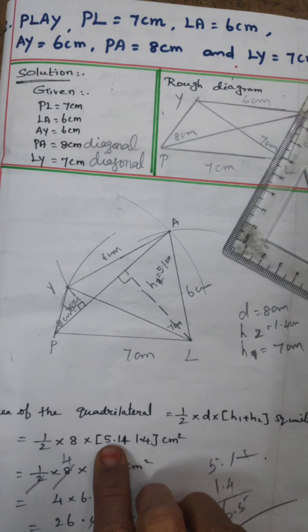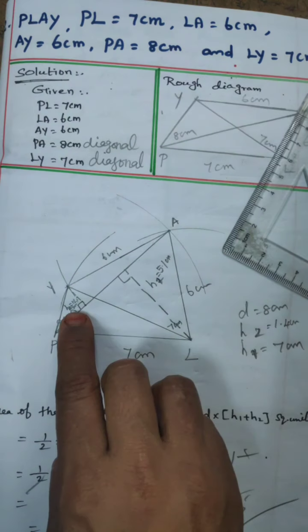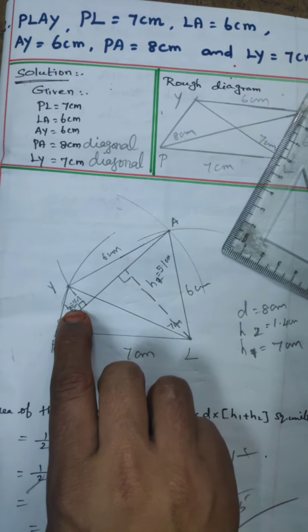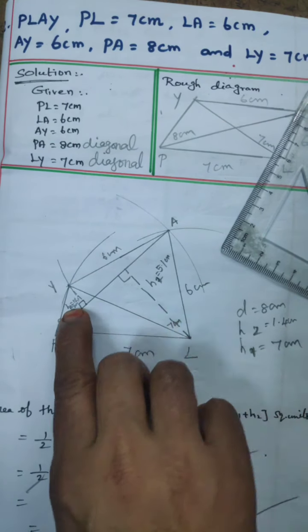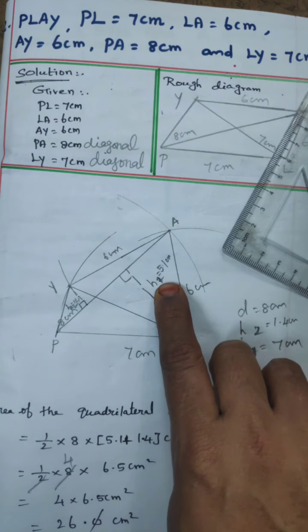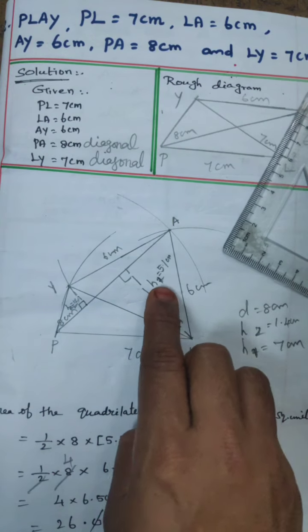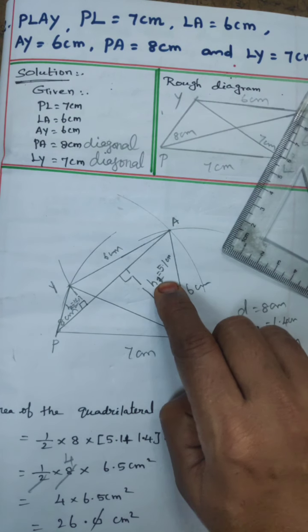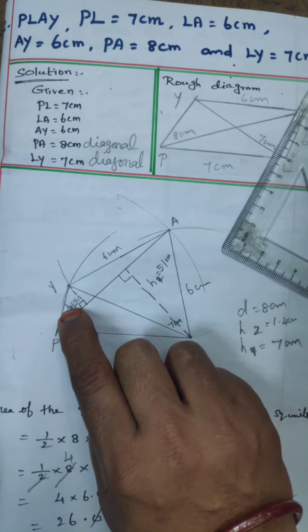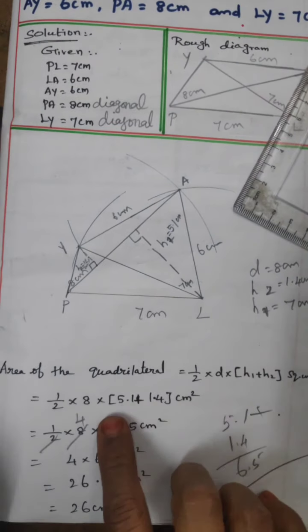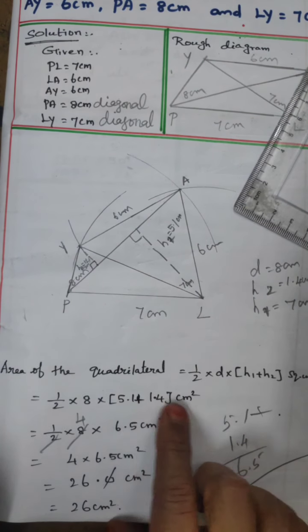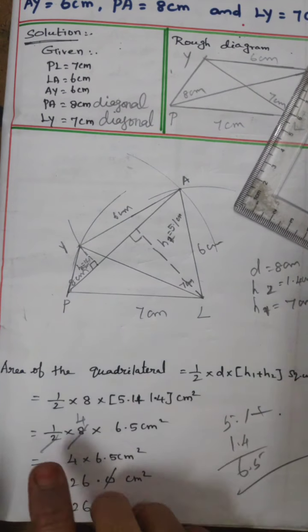See there, here writing 5.1 for H1 value. Should not confuse there. I am only changing the symbol and writing. H2 change and write in H1, H1 change and write in H2. That's all. So here I already wrote it. You write it also changed, it is also correct there.